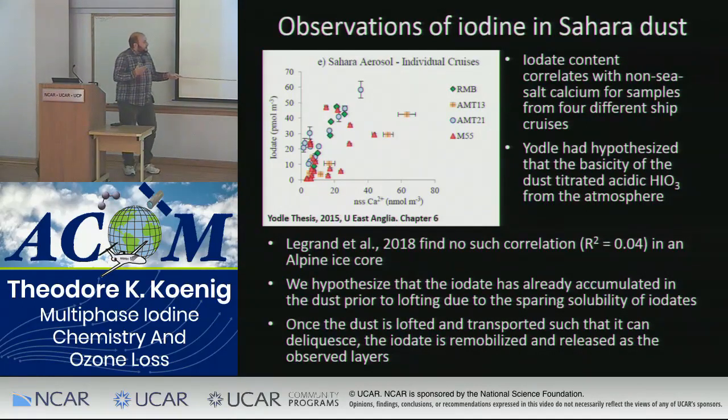So we come up with this hypothesis instead, because we see this release of iodine, that the iodate has accumulated with the dust on a geological timescale. It is being titrated, but in dry environments, the dust gets a small amount of iodate, and then when it's lofted, that iodate gets re-volatilized as a result of some sort of atmospheric processing, such that it's fully gone by the time we deposit to a glacier.